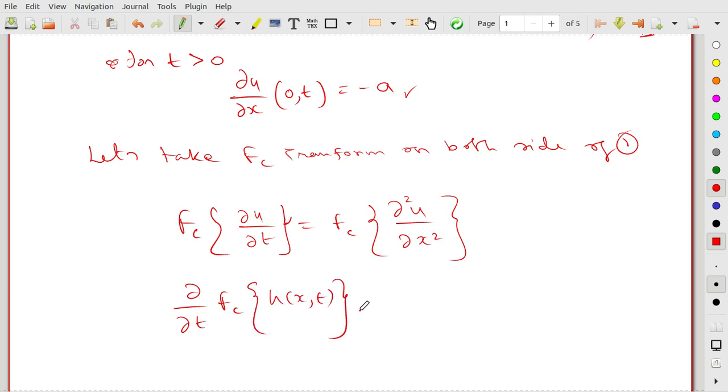You can write this this way, and for the Fourier cosine transform of dou square u by dou x square, we have to substitute the formula.